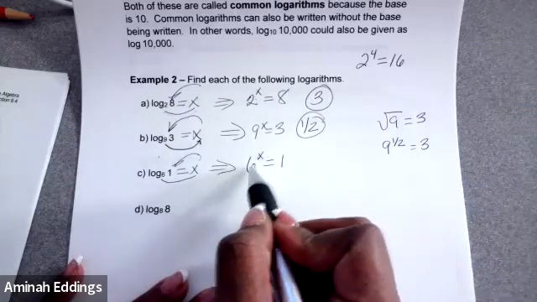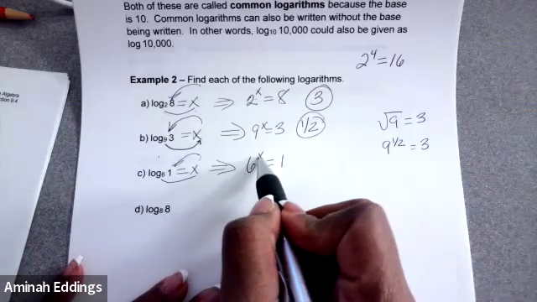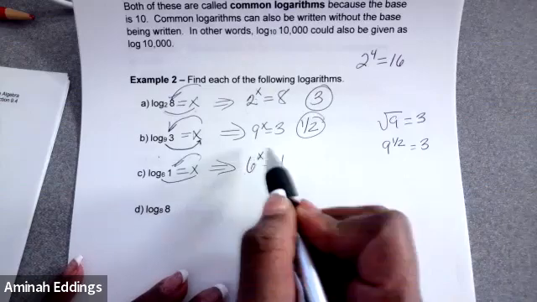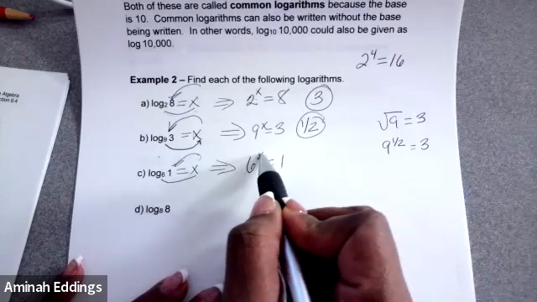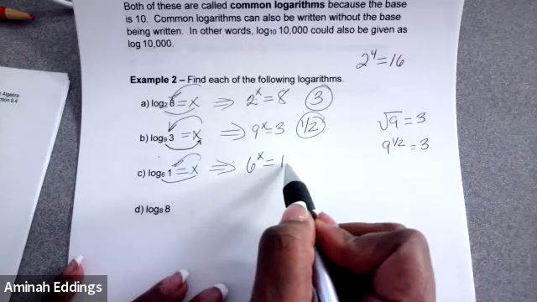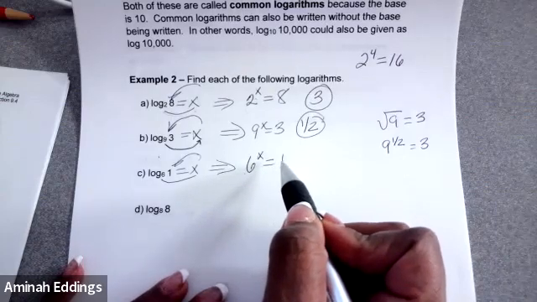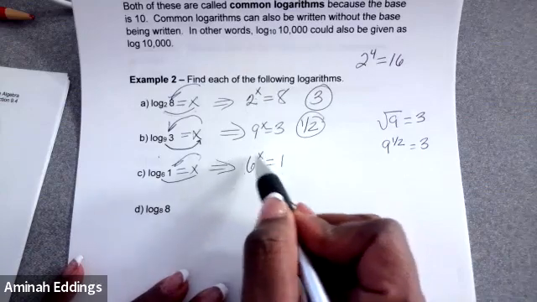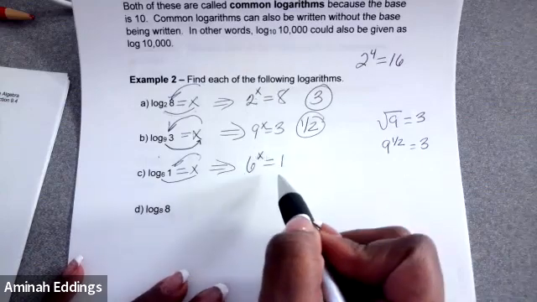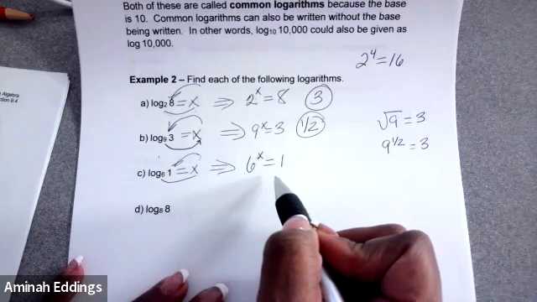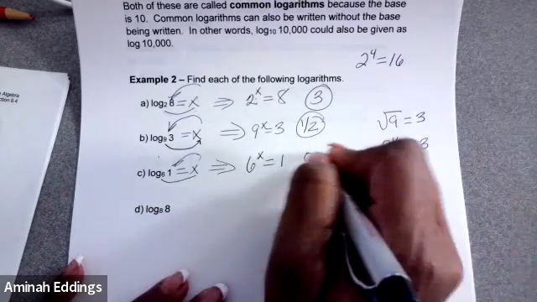Okay, let's think about it. 6 to the 1st power is 6. What does this exponent need to be in order to get 1 over here? Anything to the 0 power is 1. Okay? Y'all with me? Okay, so therefore our answer is 0.